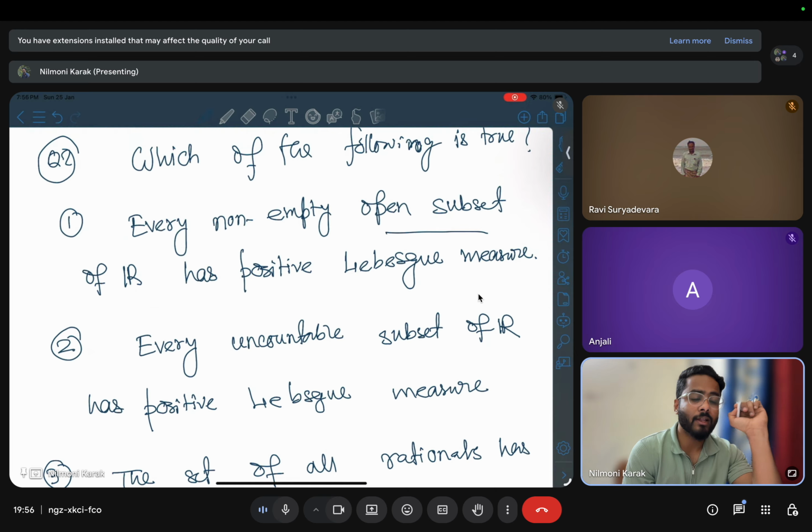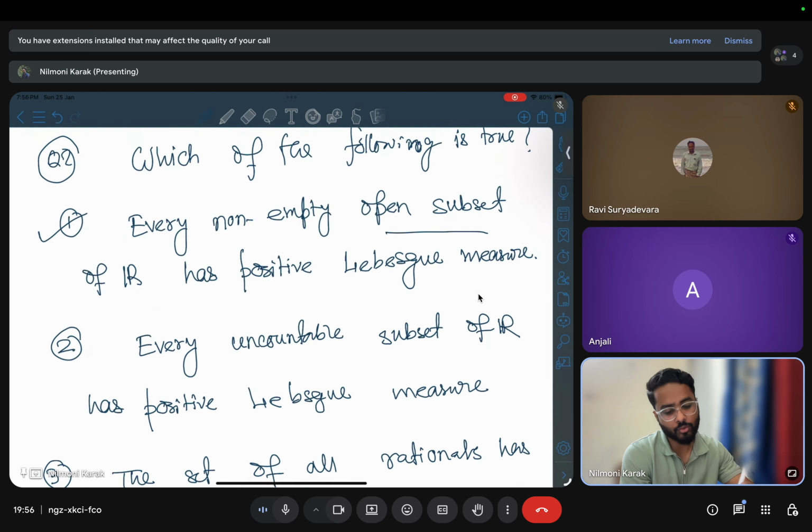The length is b minus a, so that's why it is positive. The open interval (a, b) has Lebesgue measure b minus a. So at least this open subset consists of one open interval, and so the Lebesgue measure should be positive. So that's why this is true.